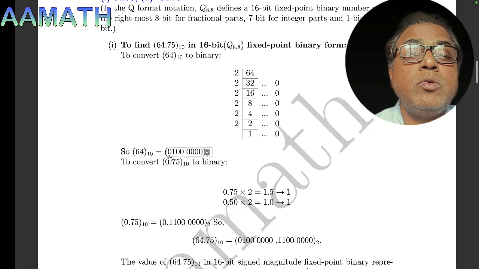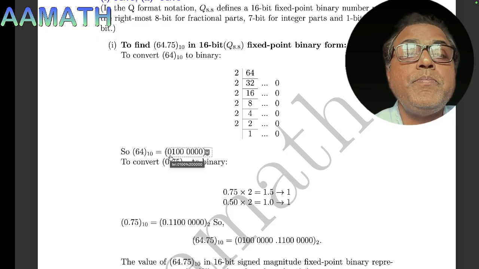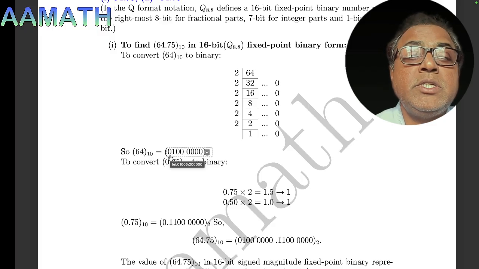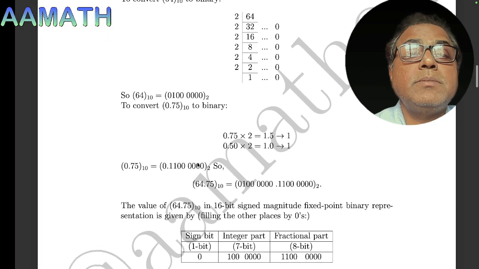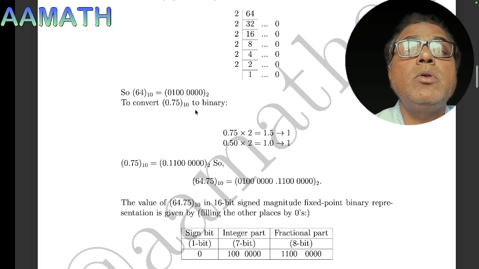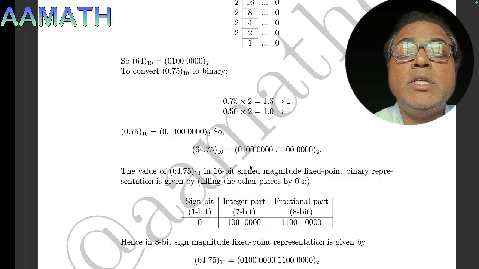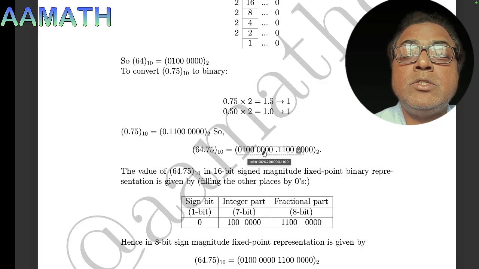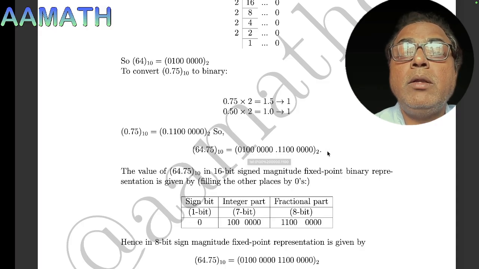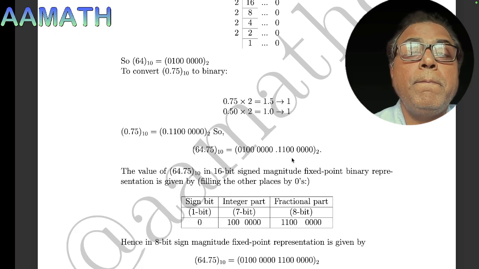This first 0 represents the sign, this is positive, so this 0, and next we convert 0.75 to the base 10 in binary form. So we get 64.75 to the base 10 equal to this, 0, 1, 0, 0, and this 0.11000000 to the base 2.